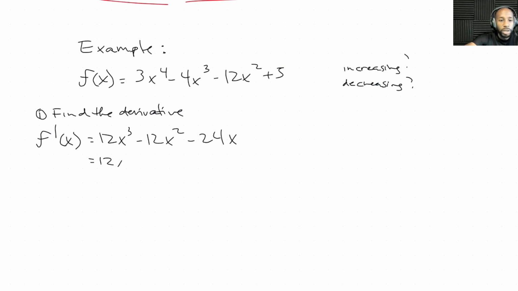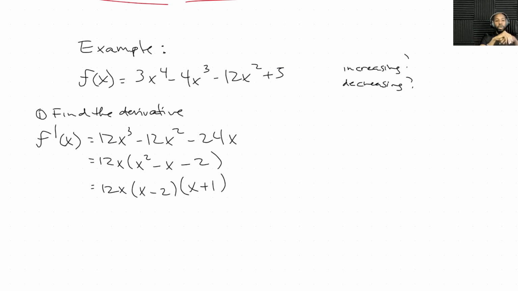So that becomes 12x times x squared minus x minus 2. Now, this polynomial here can be factored. This is 12x times, what is negative 2 that'll add or subtract to give you negative 1? So that's going to be x minus 2, x plus 1.